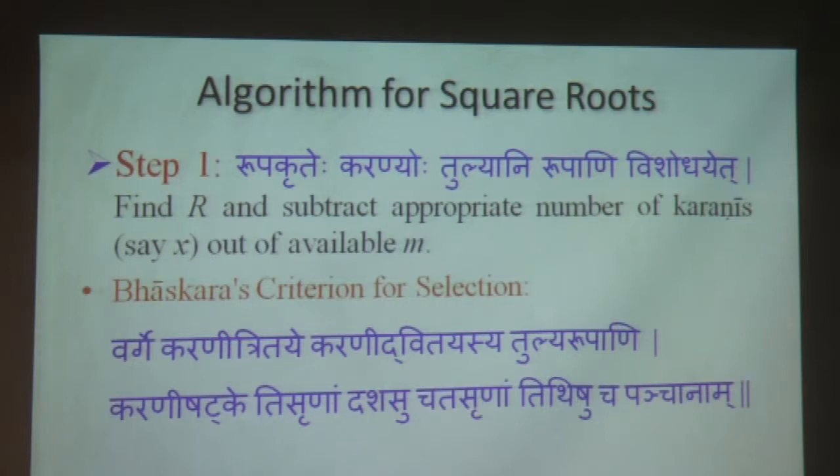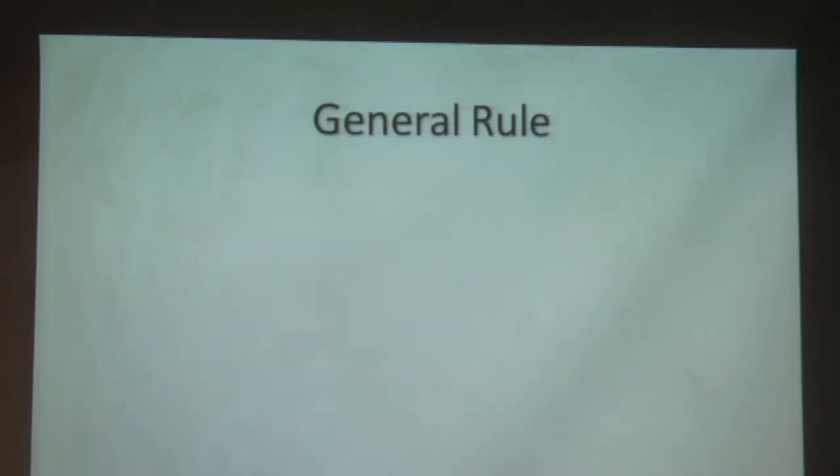If there are 6, "Karani Shatake, Tisrunam", we will select 3 Karanis. "Dashasu Chatusranam": if there are 10 Karani terms, we will select 4 at a time. Tithi is 15, so if there are 15 Karanis, we will select out of them 5 first. I have given it in a table like that: 1 and 1, no trivial case, but 3, 2; 6, 3; 10, 4 and 15, 5.